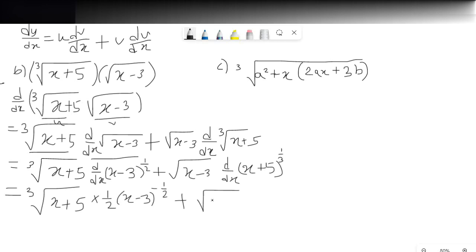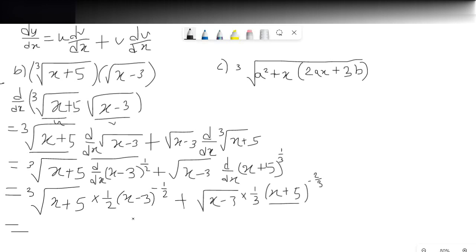So we get plus root over x minus 3, and then using the same chain rule, we get 1/3 of x plus 5 whole to the power minus 2/3, and then multiplied with the derivative of x plus 5, which is also 1.